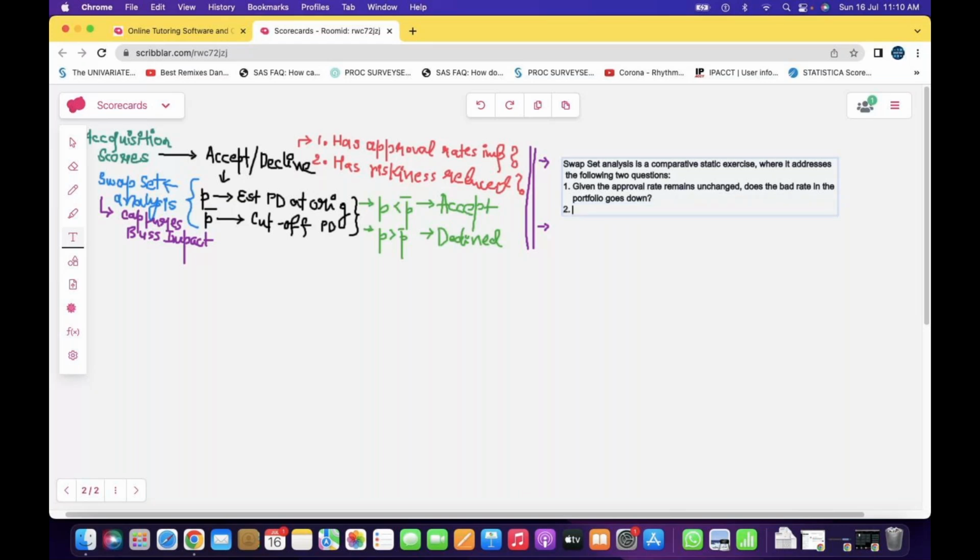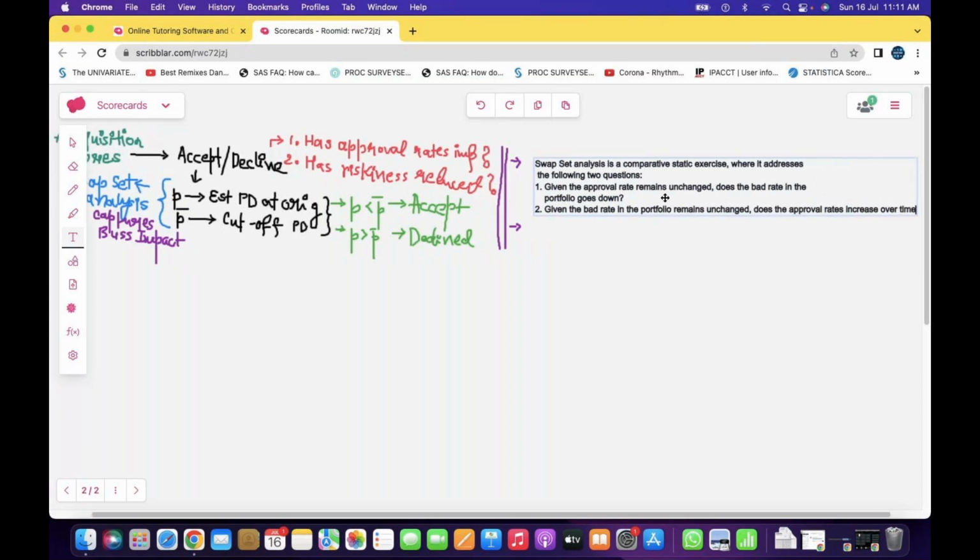Second, given the bad rate in the portfolio remains unchanged, does the approval rate go up?